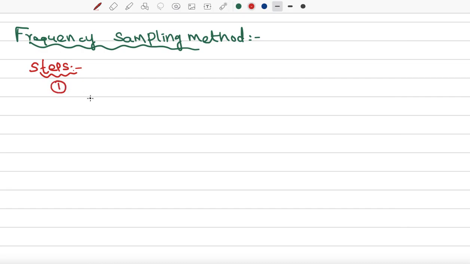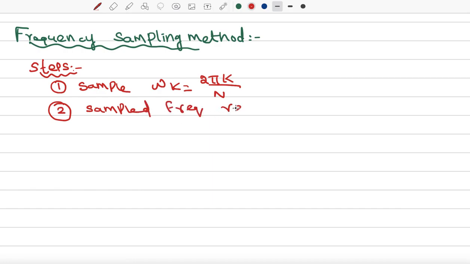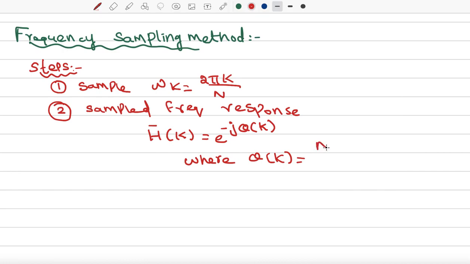The first step is we need to find the samples omega k equal to 2 pi k by N. In the second step we need to find the sampled frequency response, that is given by H hat of k equal to e power minus j theta of k, where theta of k equal to minus (N minus 1) by N into pi k.